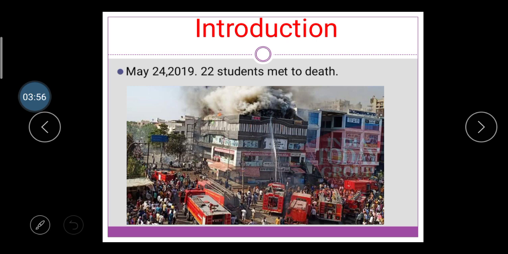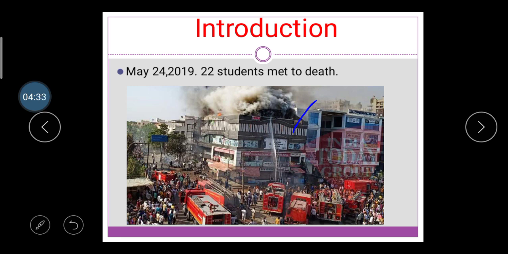Third, we can say unethical practice was done by the engineer: on this floor there was only one exit from the building. On the 4th floor only one way was given for exit, so the students could not come out of the building, and 22 students died. So we can say unethical practice was done by the engineer.